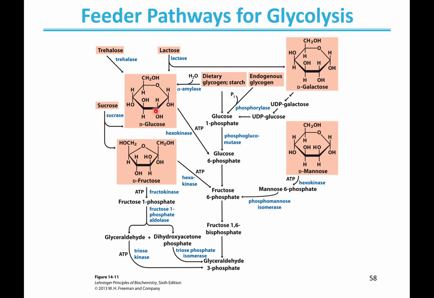Well, fructose enters glycolysis at step 3, going into fructose 6-phosphate. And fructose 6-phosphate going to fructose 1,6-bisphosphate isn't a very regulated step.